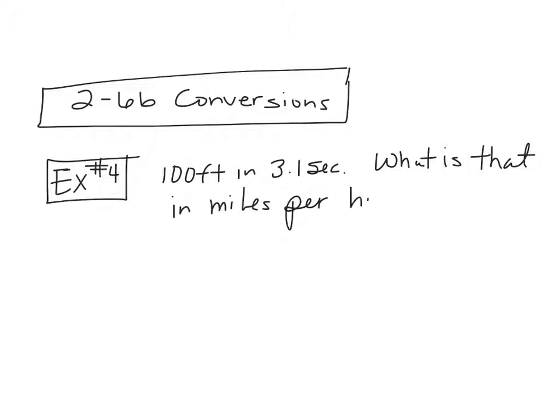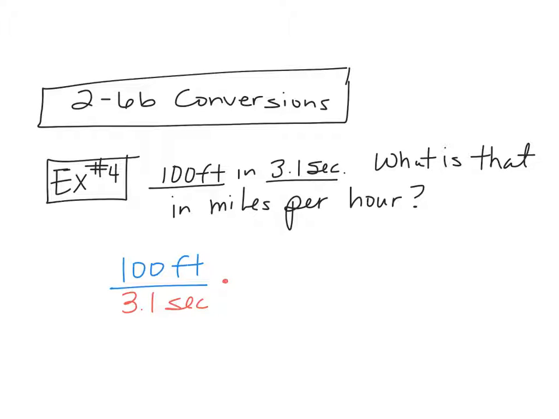So what you're going to do is take your 2 numbers and turn it into a rate. Right now it is 100 feet over 3.1 seconds. Okay, so right now we're talking feet per second. We want to convert to miles per hour.